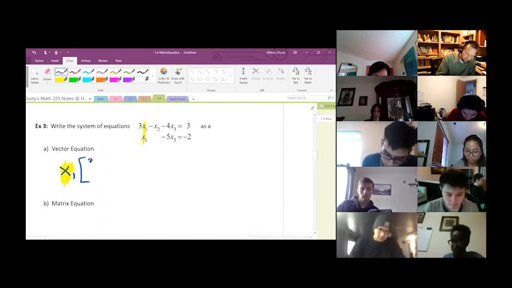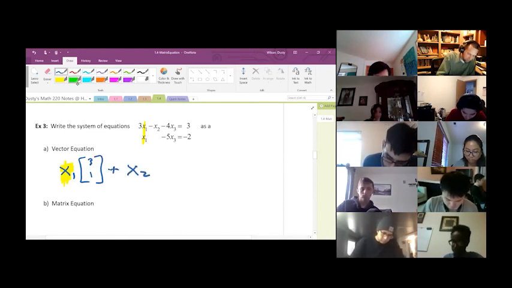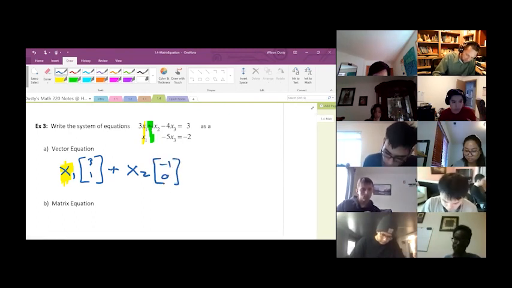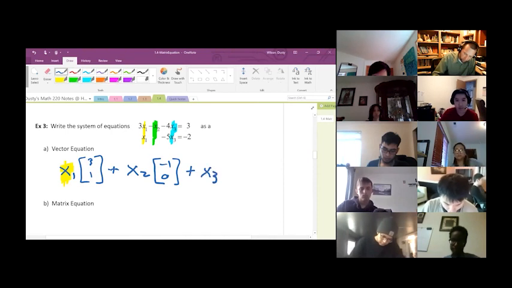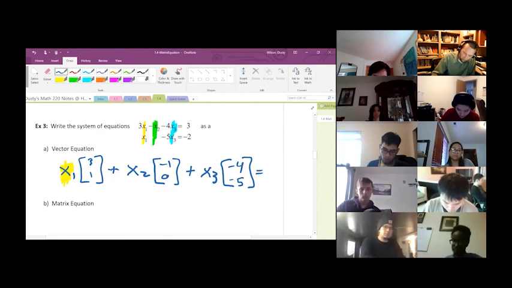We've got 3 in the first equation, 1 in the second, plus how much x2? We've got -1 in the first equation and 0 in the second. And then how much x3? -4 in the first, -5 in the second. And this is going to be equal to (3, -2).